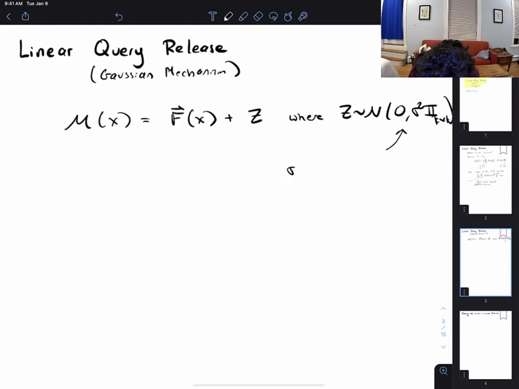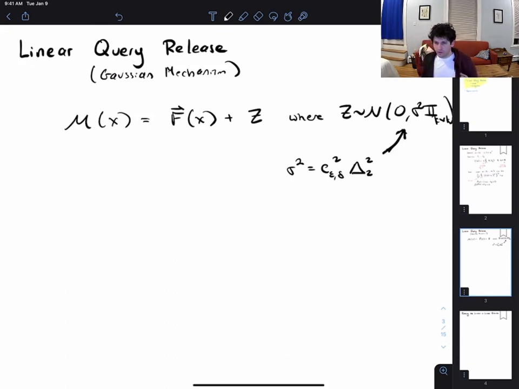And the way we set sigma squared is that it's going to be equal to the L2 sensitivity squared times some constant c that depends only on epsilon and delta.